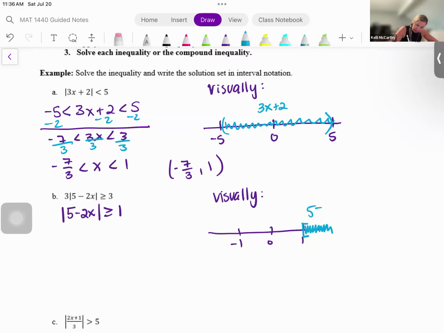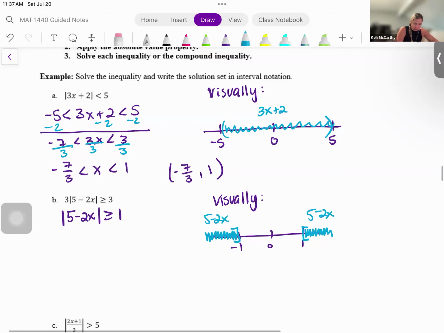Thinking about the other side of our number line, this 5 minus 2x could also be anything less than or equal to negative 1, because all of those values are at least 1 or more units from 0 as well.